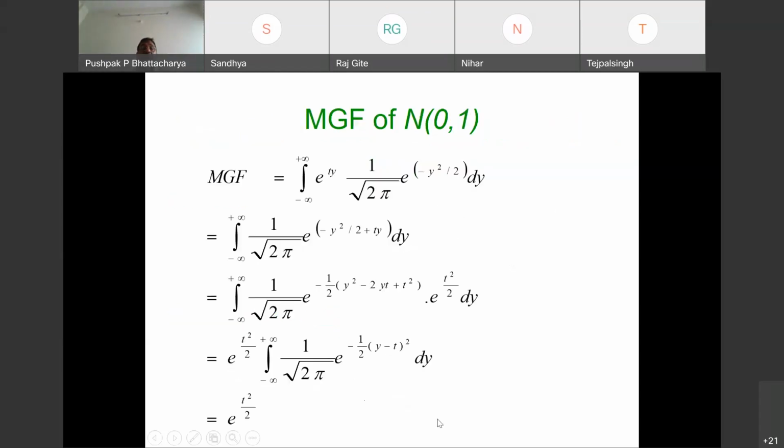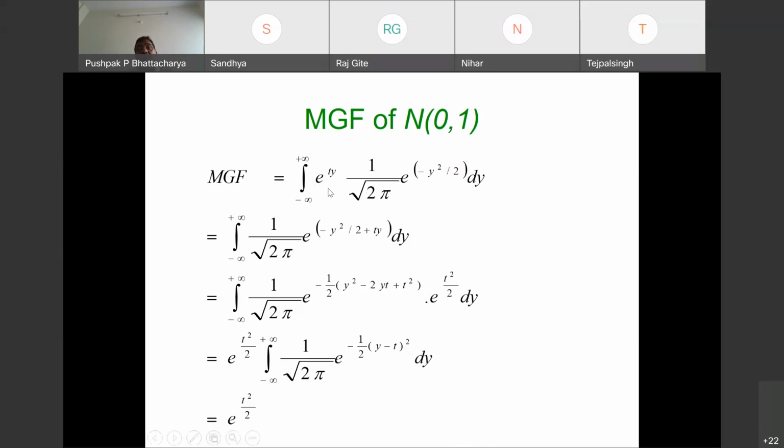And from this form, we have been able to generate the moment generating function. Moment generating function is e to the power ty into the probability distribution of y. In case of continuous distribution, we have to take the integral from minus infinity to plus infinity. This is the moment generating function for standard normal distribution.